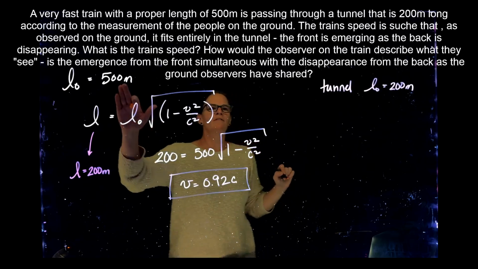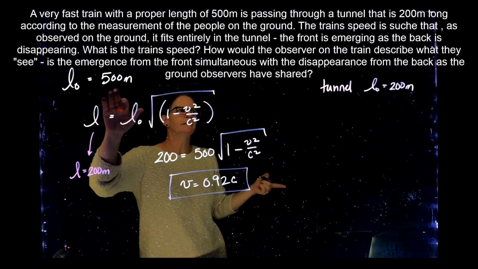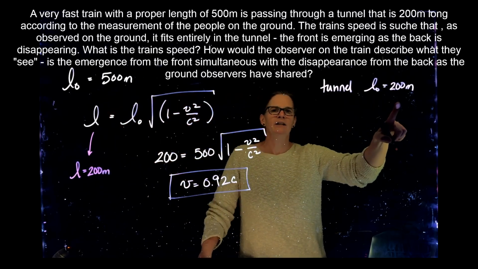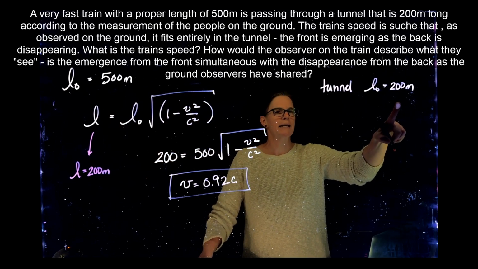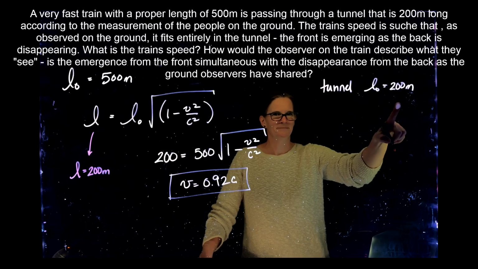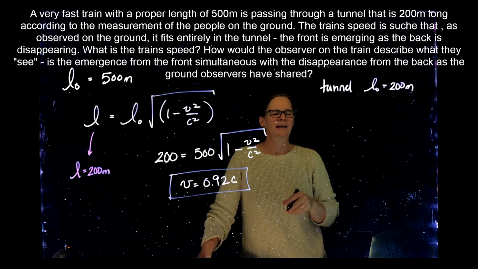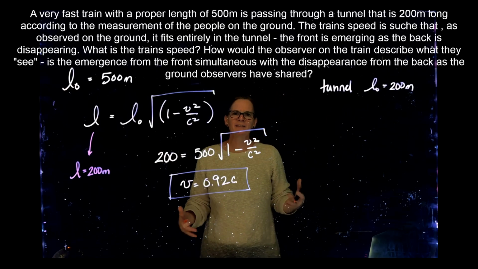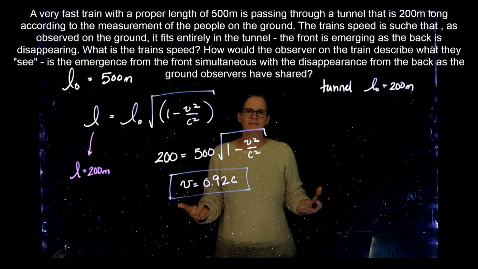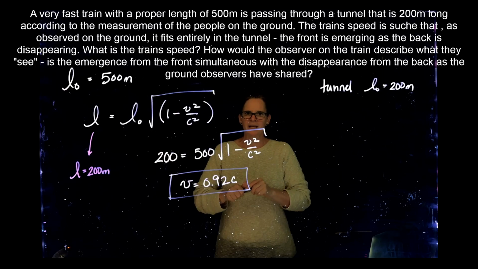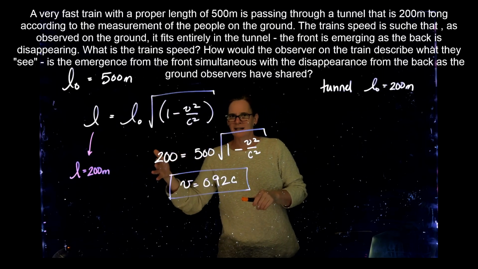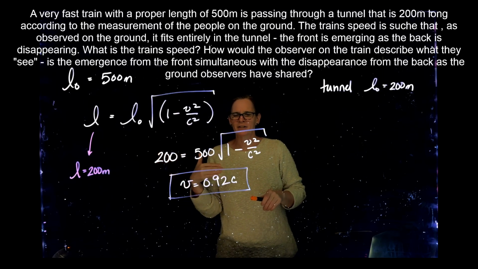Well, a 500-meter train cannot fit in a 200-meter tunnel, right? And so from the perspective of the passenger on the train, the train will not fit inside that tunnel.